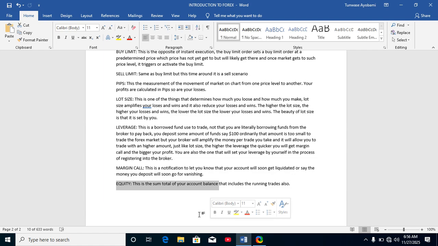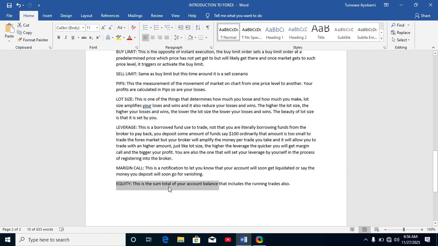But the moment you enter a trade, and that trade is going in profit, your equity will increase. Let's say the trade goes up by $10 and you deposited $100. Your equity will increase, but this equity is not stable.